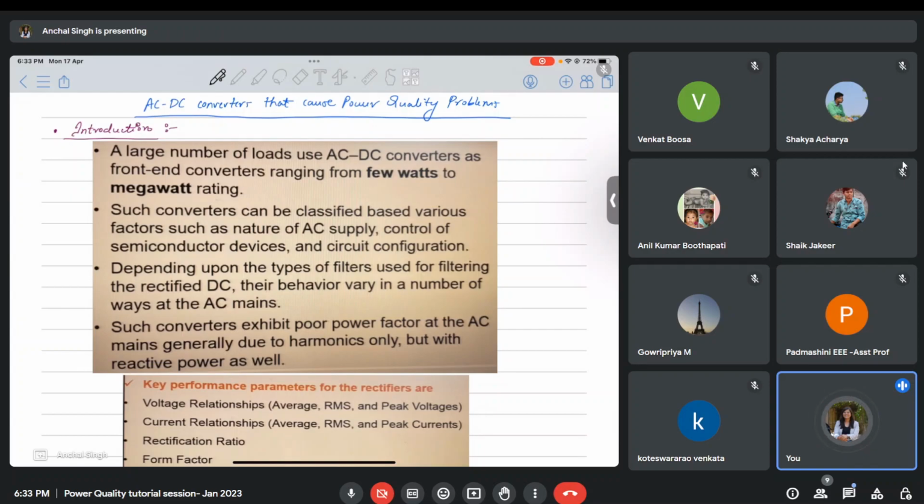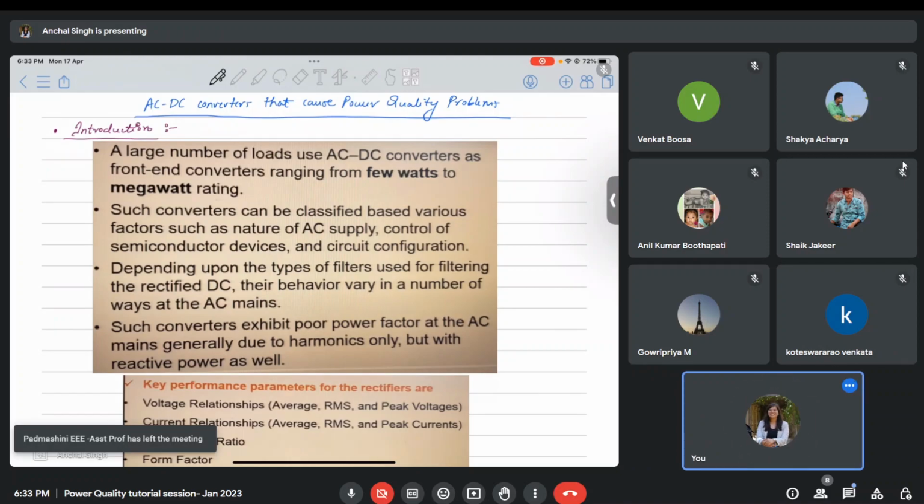Okay, so let us start our discussion for today. In today's lecture, we'll be discussing AC to DC converters that cause power quality problems. As I discussed, the power electronics loads that are present are also a cause of power quality problems.